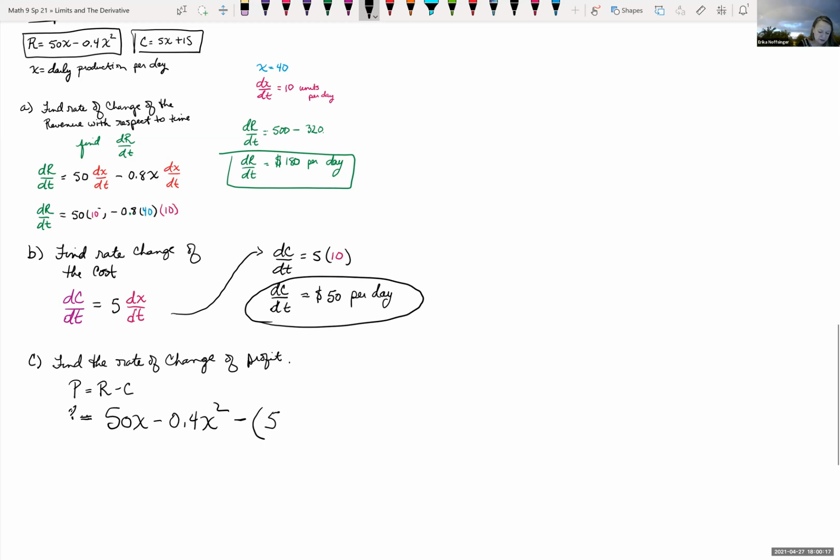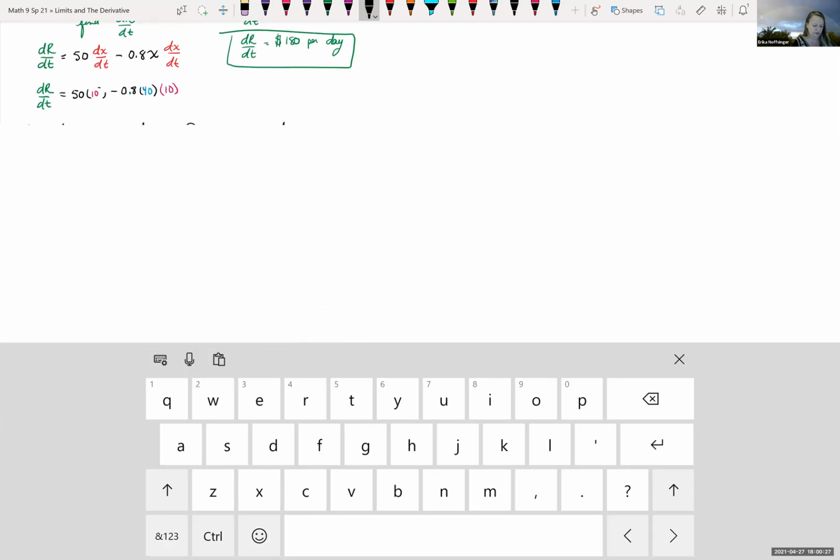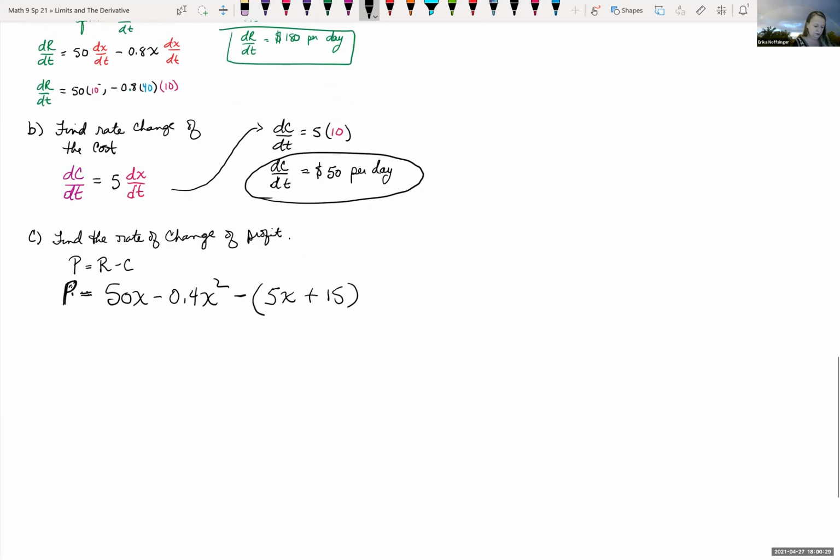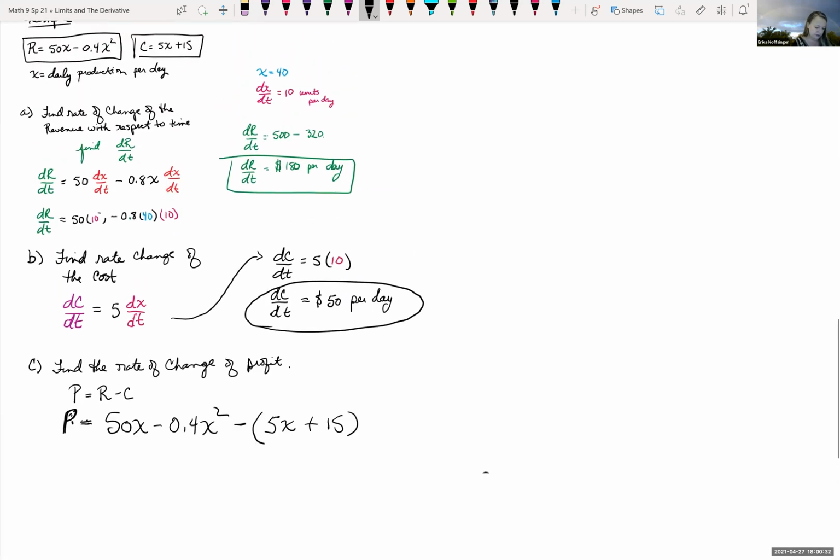So minus the parentheses 5x plus 15. Sure I wrote it down right.